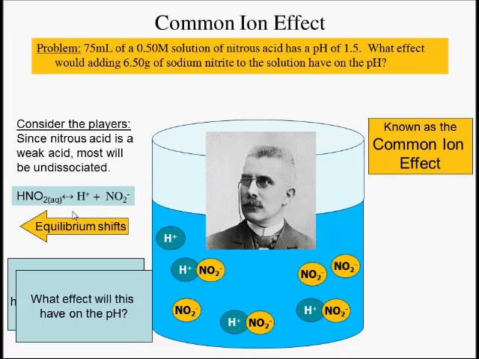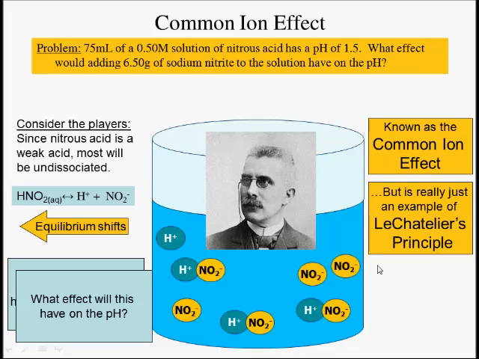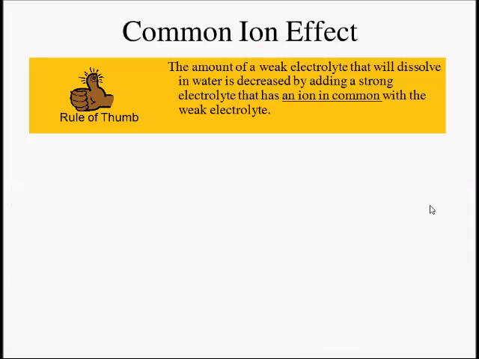Now this is known as the common ion effect because we just added a compound, the sodium nitrite, that had one of its ions in common with an ion that was already in the solution. So it's usually referred to as a common ion effect, but it's really just a specific example of Le Chatelier's principle, where in this case you're just adding some extra product. You're just focusing on the part of the ion there.